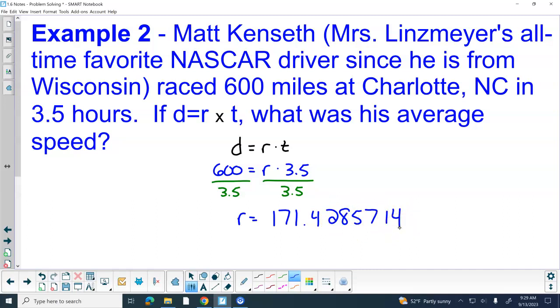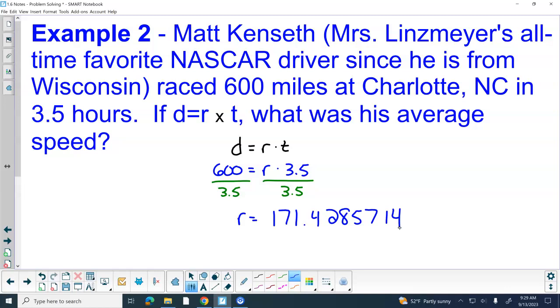Now my question to you is, we have to use a little bit of logic here. If this were people, let's go back to the people problem. If this were people, could we have 171.4 people? No. Can't have 0.4 of a person.